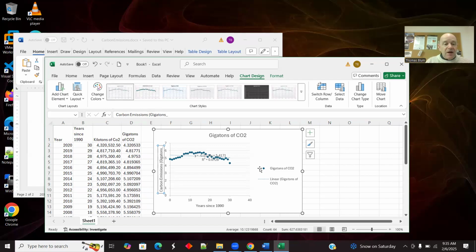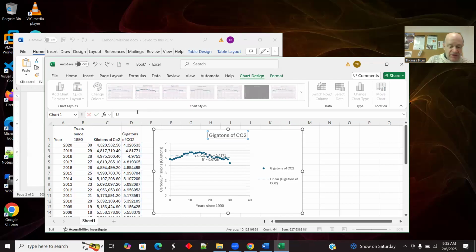Okay. And we'll say this is US CO2 emissions for the title. Typing very well. Emissions, there we go.